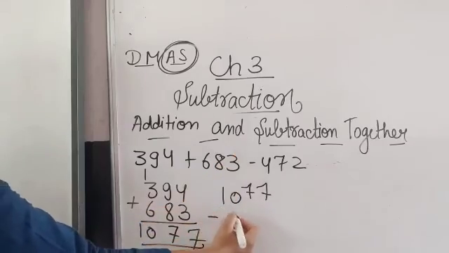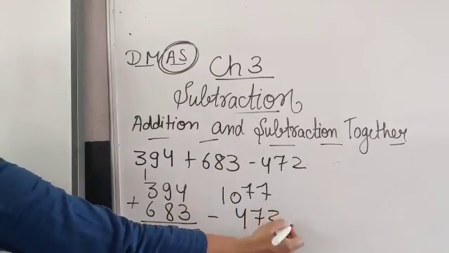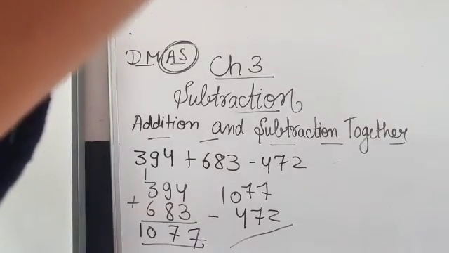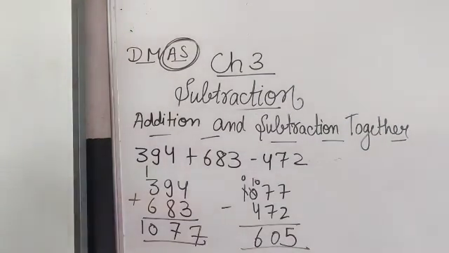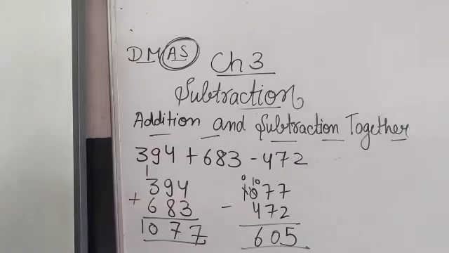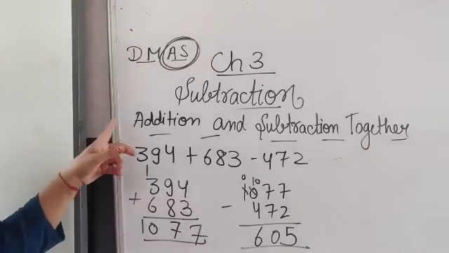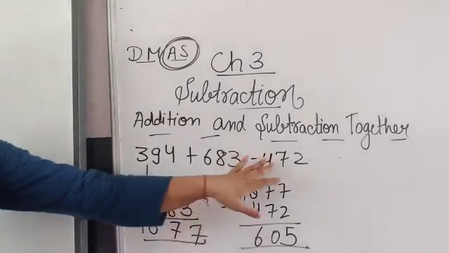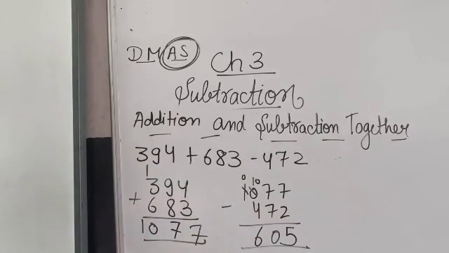Now subtract this one. After subtraction your result is 605. Is it clear? Whenever addition and subtraction are given together, firstly perform addition, then do the subtraction. Sure?